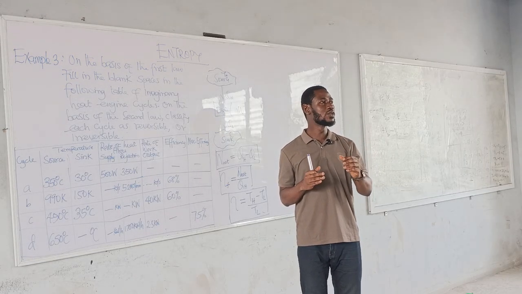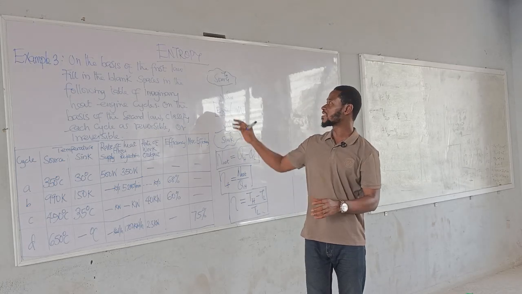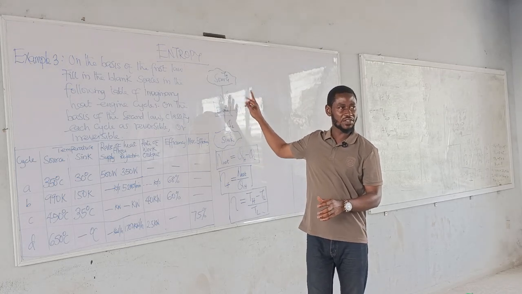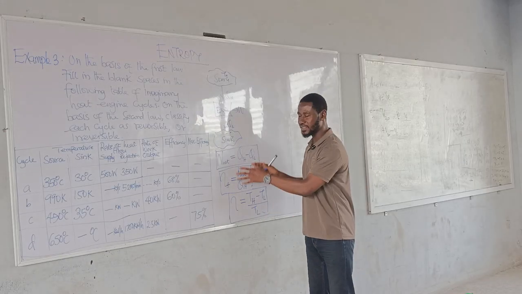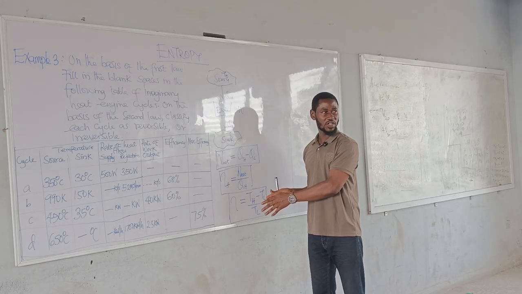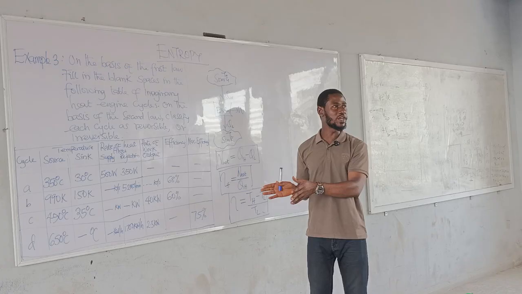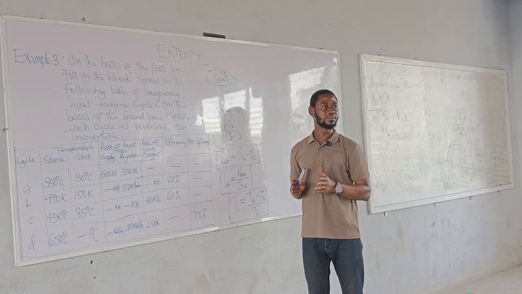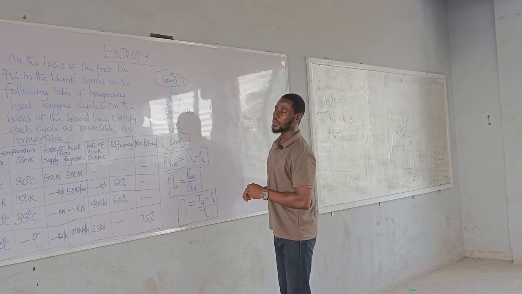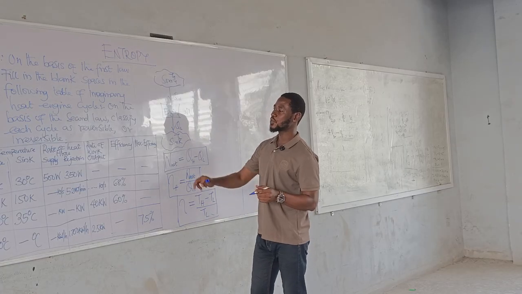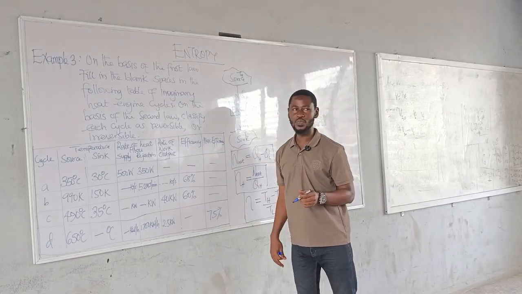Then the next one, bring out a schematic. I think I have brought out a schematic, which is this. And lastly, your governing equations are this set of mathematical expressions that we are going to be using in solving this problem. Now, let's start analyzing. So, for cycle A, we are asked to determine the rate of work output.